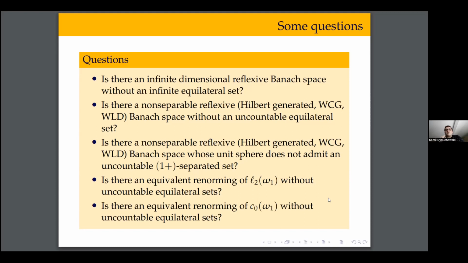For the standard separable C0, it is a result by Merkoutakis and Vassiliadis that under every equivalent renorming, C0 admits infinite equilateral sets. But the proof is, I would say, of very separable nature. I wasn't able to find any argument that instantly gives that it is also true for this space. I don't know whether it is true. Perhaps some of you will know.